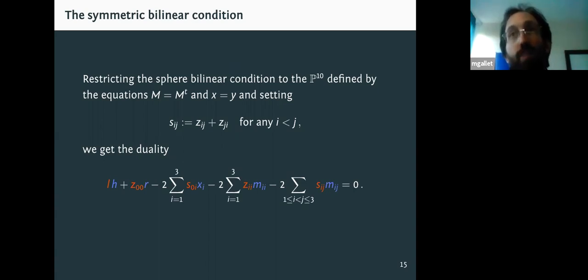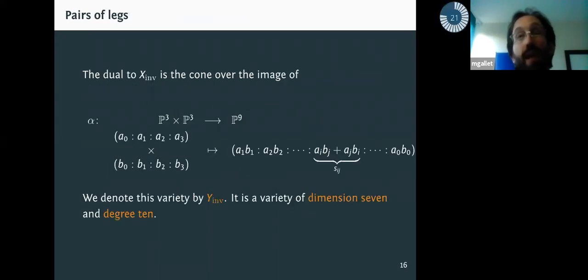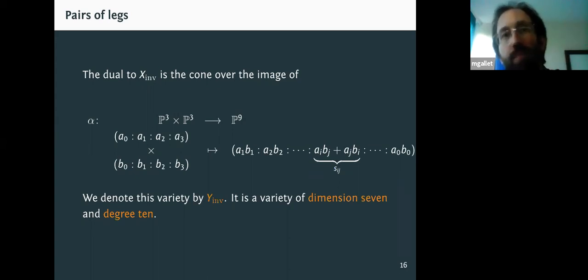Namely, if I consider the P10 where the space of involutions lives, and then I consider the bilinear form that I show you here, this determines a duality between the set of involutions and a particular quotient of the set of legs, which is given by identifying legs that are obtained by swapping base and platform point. So this means that if I identify the two legs given by AB and BA, what I get is still a variety of dimension 7, but the degree gets cut by half.